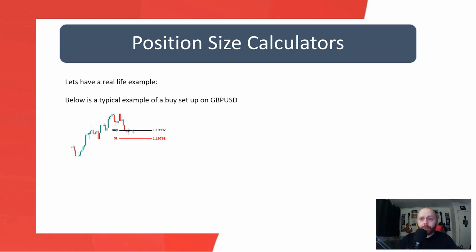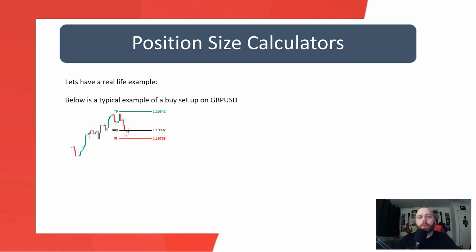You're going to know these prices because when you're looking at the charts yourselves, you're going to use the tools in there to place your buy and your stop loss. Then we're probably going to take profit at this next resistance area. The price of that is going to be 1.20542. For the sake of the position size calculator, we don't really need to know the take profit.